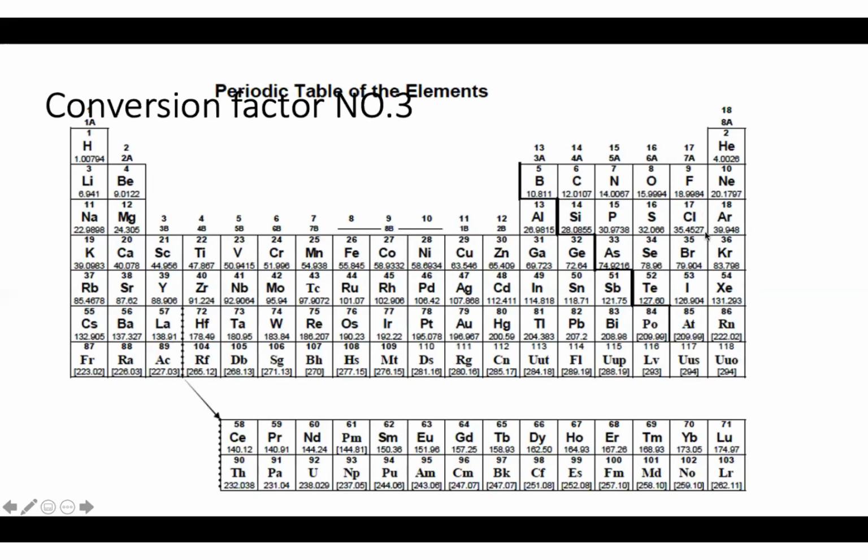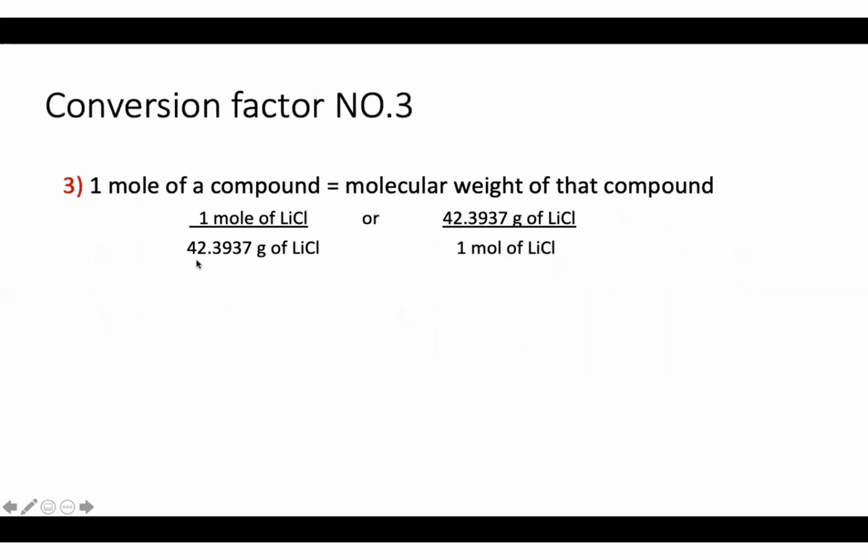If you put them in the calculator and add them up, you will find this number comes to 42.3937 gram. So that would be my conversion factor: 1 mole of LiCl divided by 42.3937 gram of LiCl, and I flip this equation.